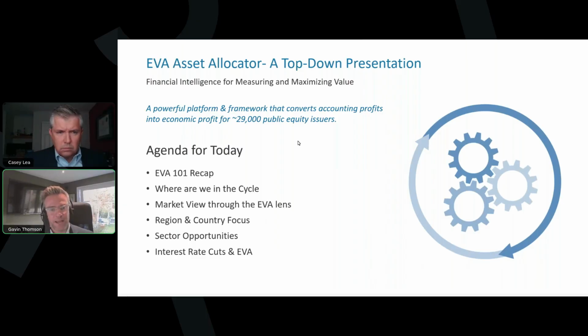Market view through the EVA lens, what are we seeing, what are we recommending at this point. Region and country focus, so that's thinking about Asia versus Europe, US versus Europe, before going on to sector opportunities. And a little bonus content for everyone is interest rate cuts and EVA, obviously with interest rates coming up. It'd be interesting to see how EVA has performed, and the movements in EVA we see around interest rate cuts. Okay, on to the next slide.